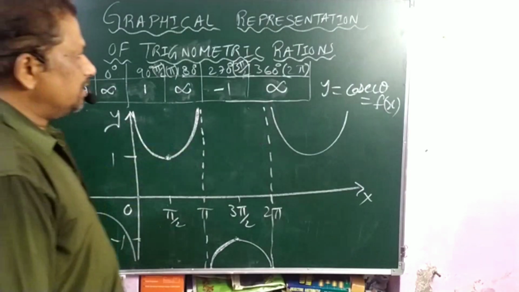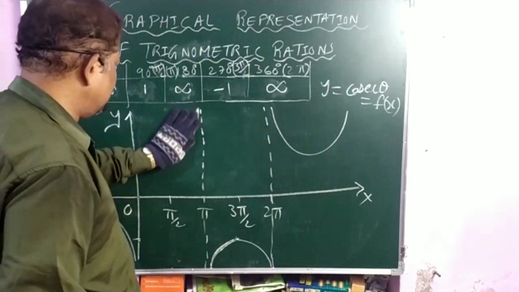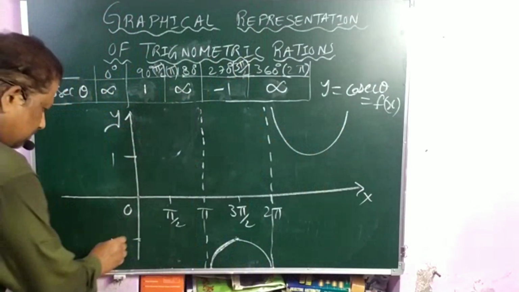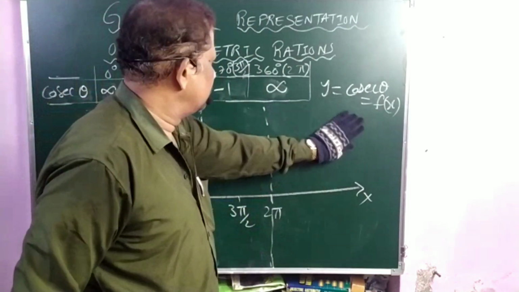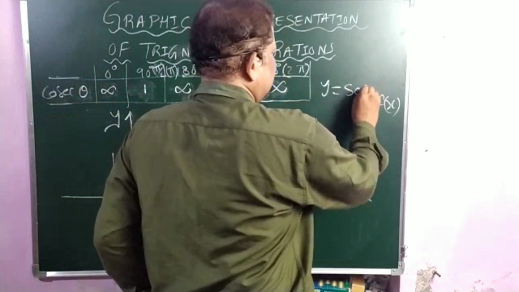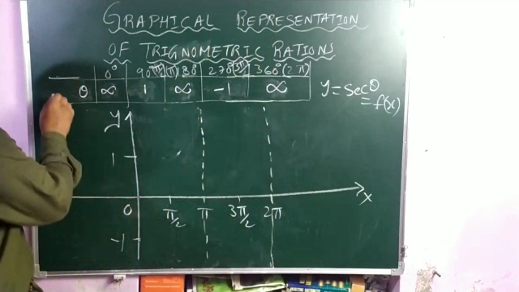Next, the graph of secant we will see. Secant theta. For secant theta, what do we get? That we will see. Secant theta is the reciprocal of cos.